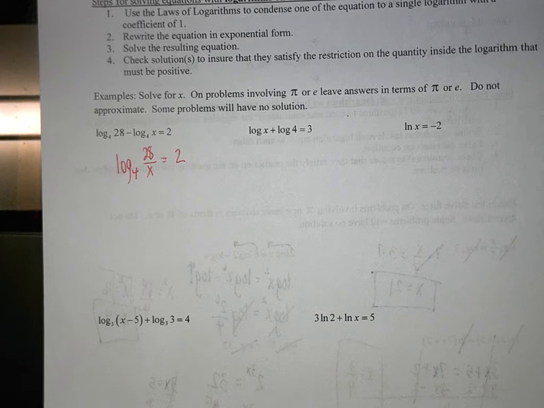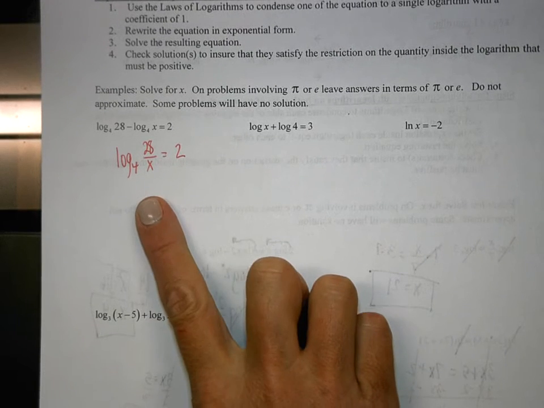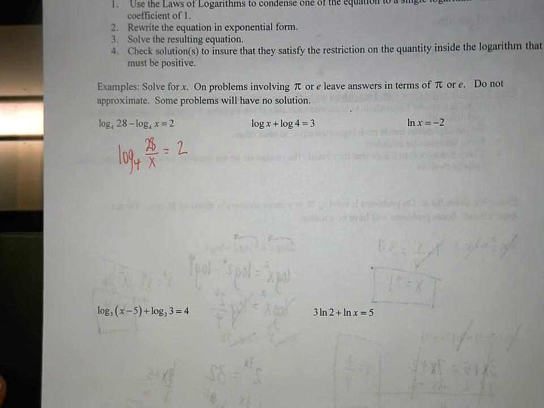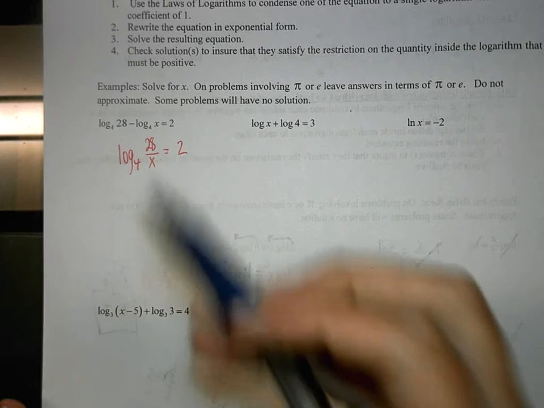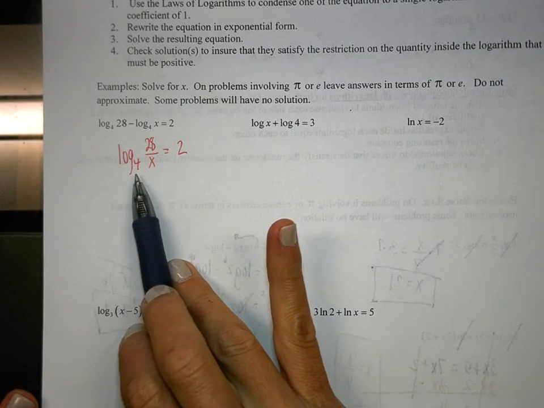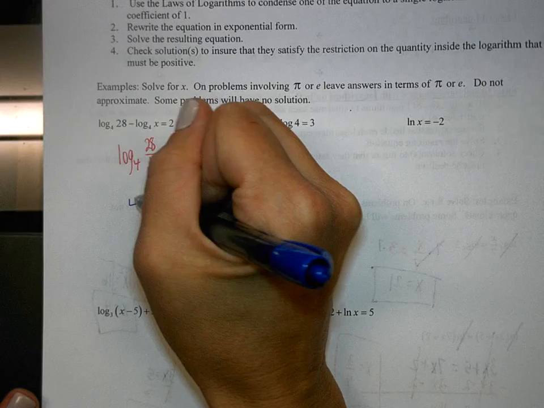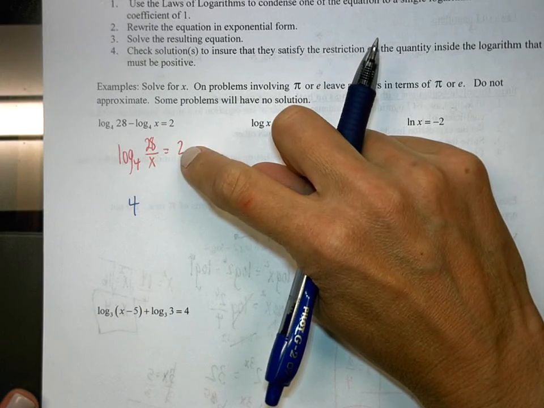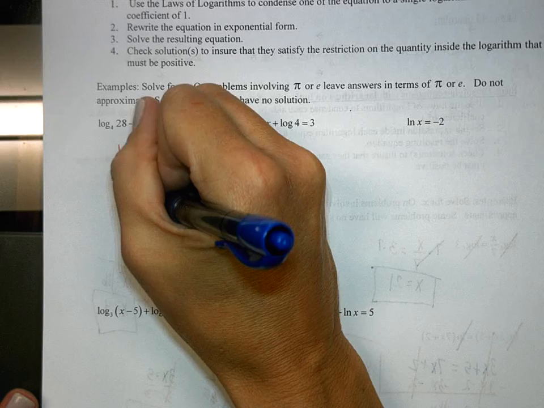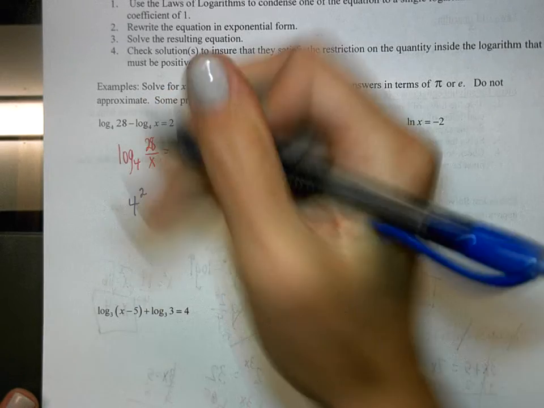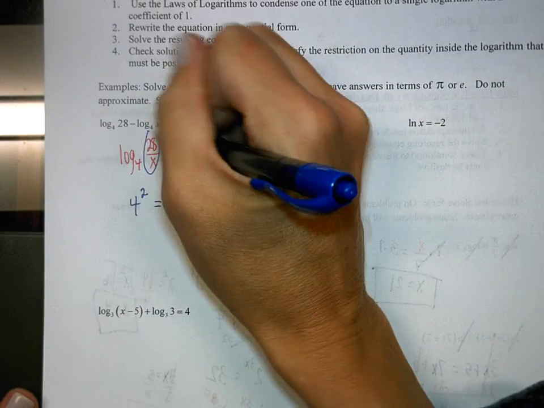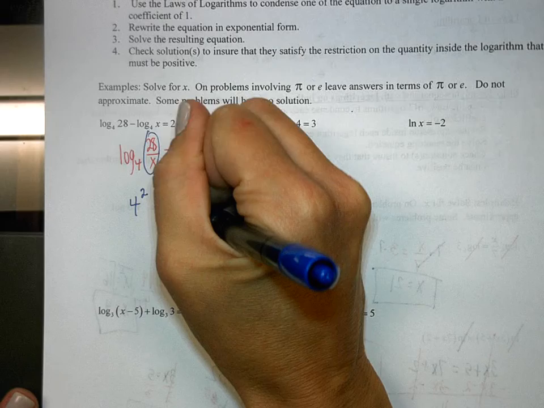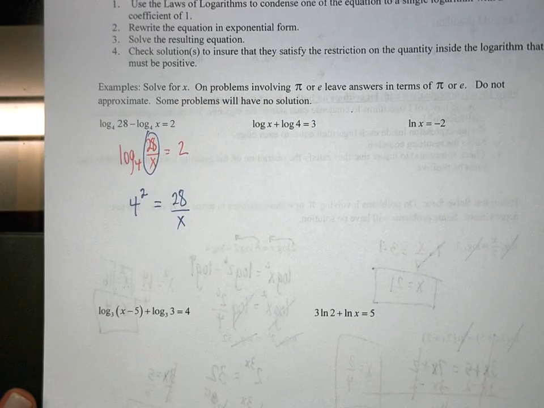And this we kind of did a couple weeks back, and then we took a break. So in order to change this to exponential form, does anybody remember what we do? You always take this base, which is 4, and it gets raised to whatever's over here as its exponent. So this is 4 to the second power equals, and then this right here is the answer that goes on the other side, 28 over x.